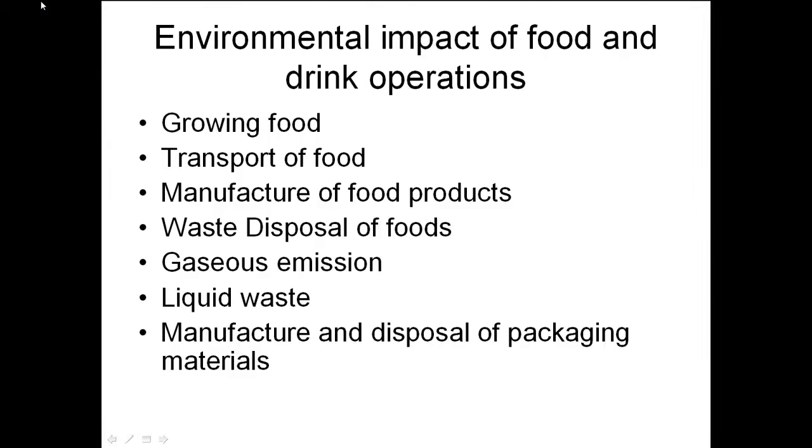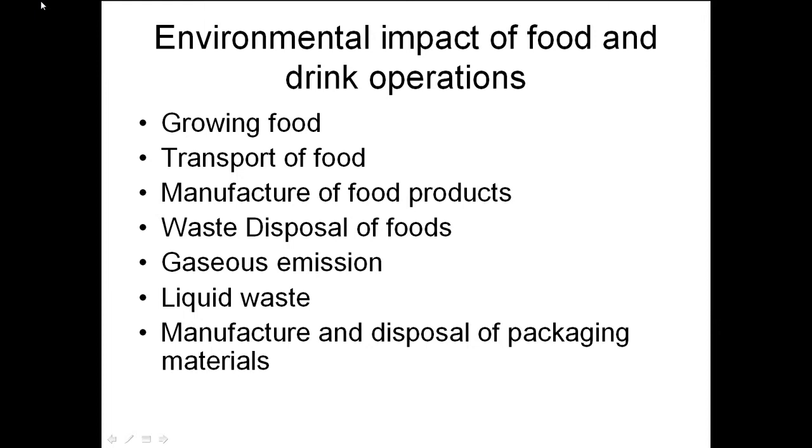Okay. Now we go to the next criteria point: environmental impact of food and drink operations. So the aspects you need to look at run all the way through. You have to imagine, when I look at the Hovis example, you get the raw products from farmers.